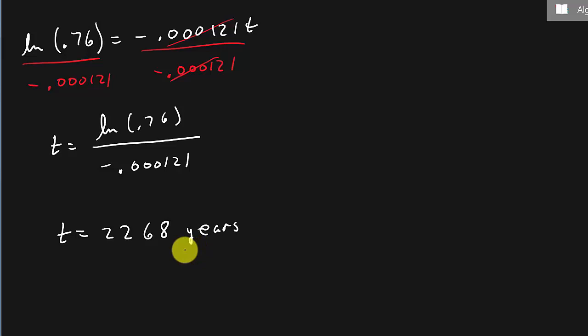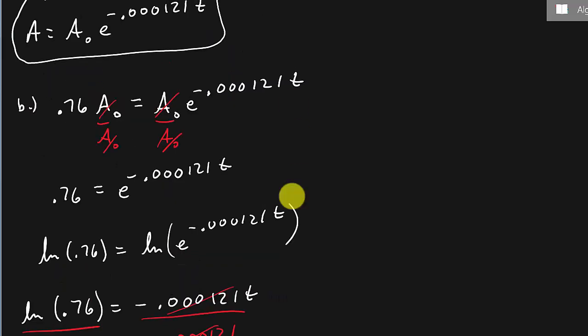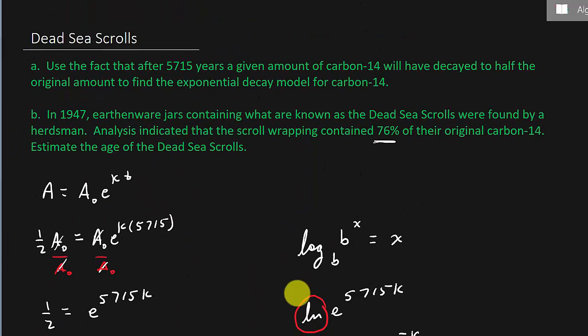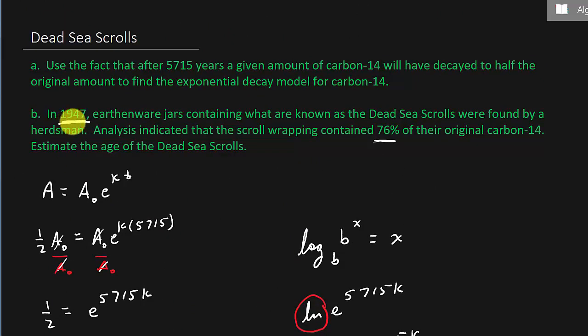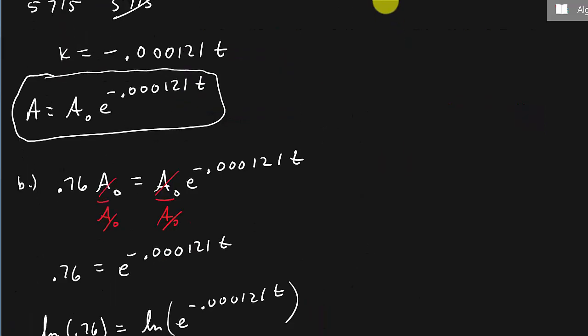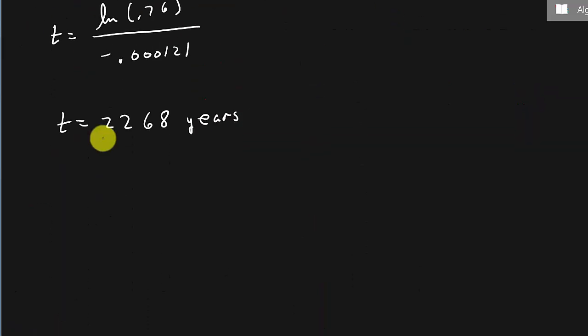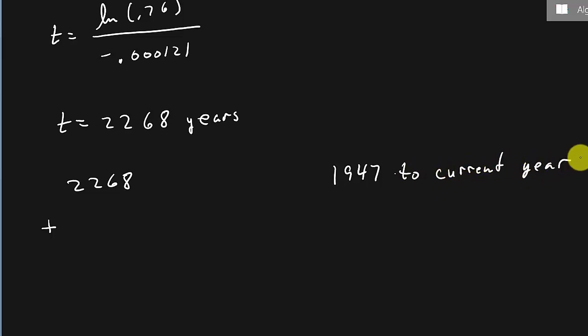That's how old they were in 1947, because in 1947, that's when it had 76% of their original carbon-14. So the age of them is 2,268 years plus however many years it is from 1947 to the current year.